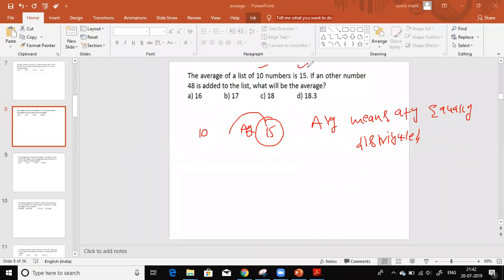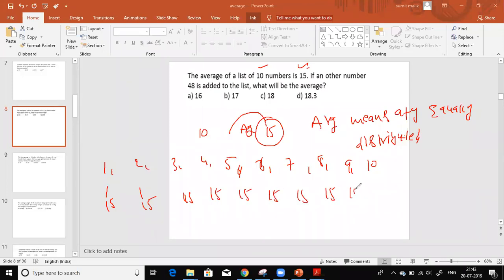If the average of 10 numbers is 15, it means, suppose I say 1, 2, 3, 4, 5, 6, 7, 8, 9, 10, each number contains 15. This is simply what average means, because average means the quantity is equally distributed. So it says the average of 10 numbers is 15.